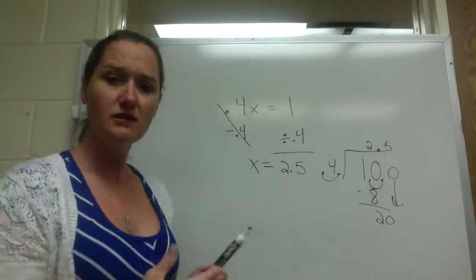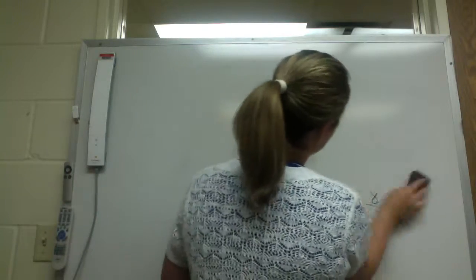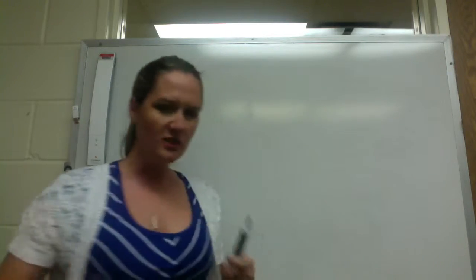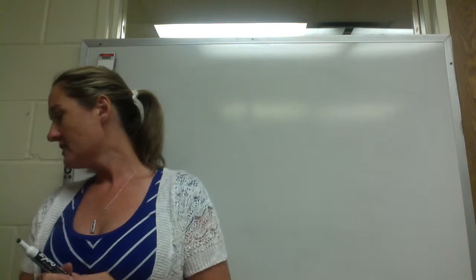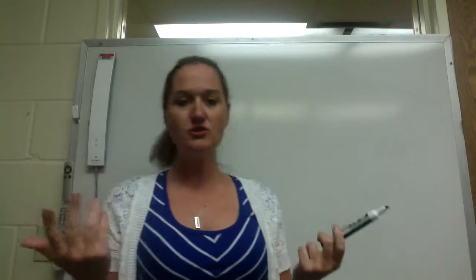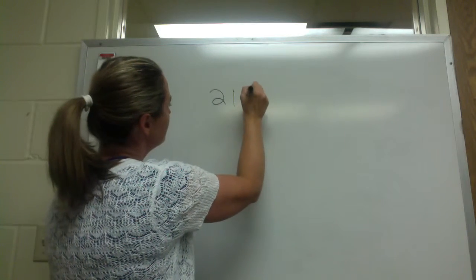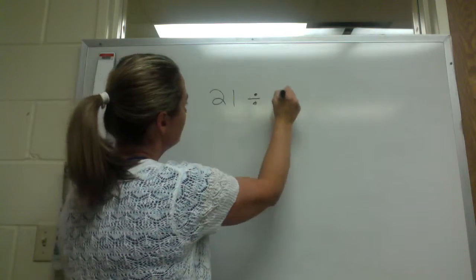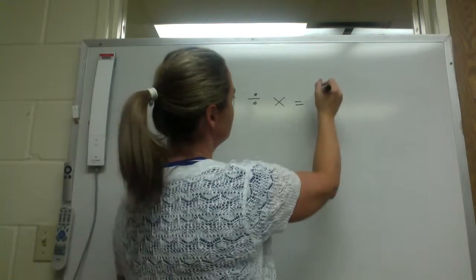That's multiplication. Now let's go ahead and see a division problem. When we work with algebra, you see division written a little bit differently. A lot of times it's written as a fraction, or they'll just use a division symbol. So let's do 21 divided by x is equal to 3.